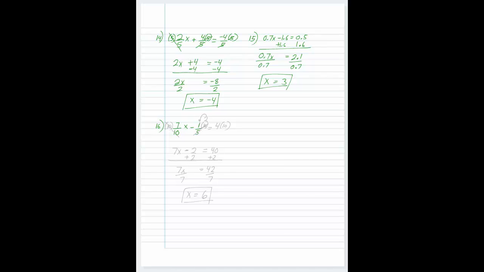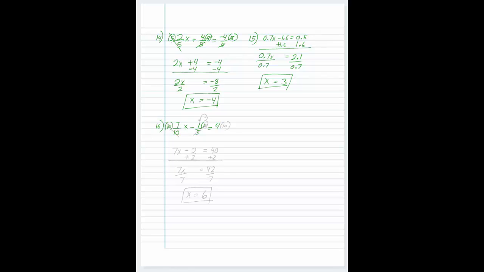Watch what happens. For the first fraction, 10 and 10 will cross off, leaving 7x. On the second fraction, 5 and 10 cross off, leaving 2. But then 2 can multiply to 1 to give you 2.